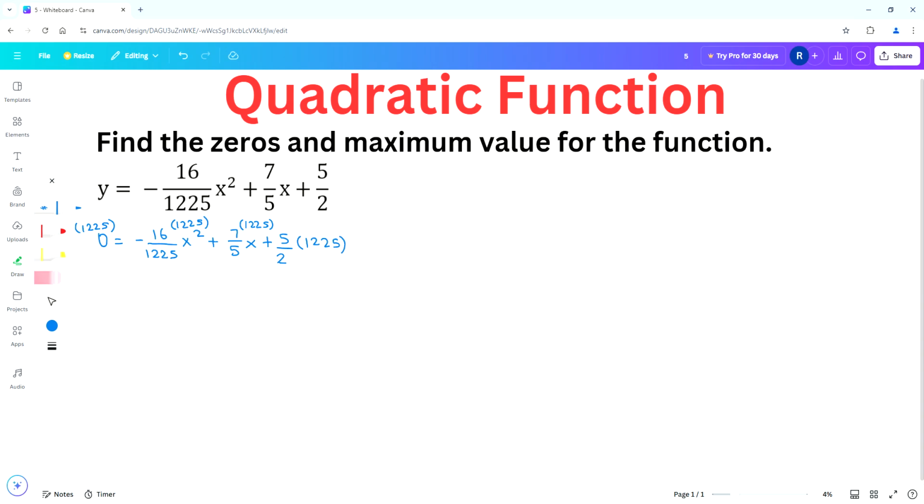On the left side, 0 times 1225 is equal to 0. In the x square term, 1225 will get cancelled out.